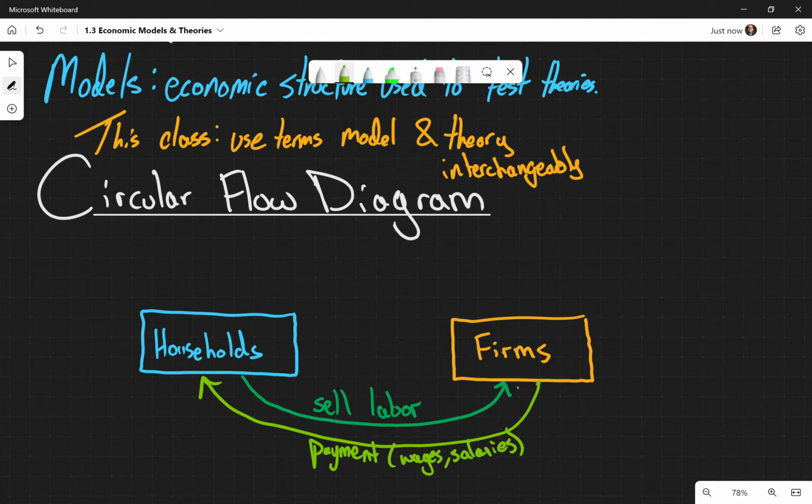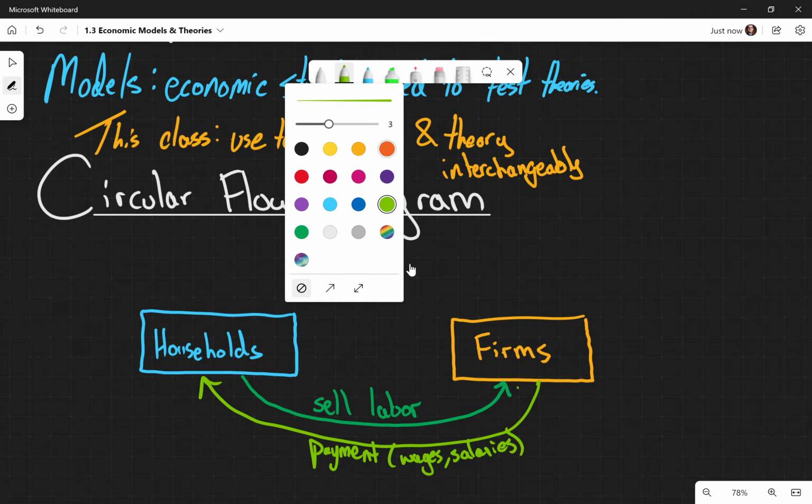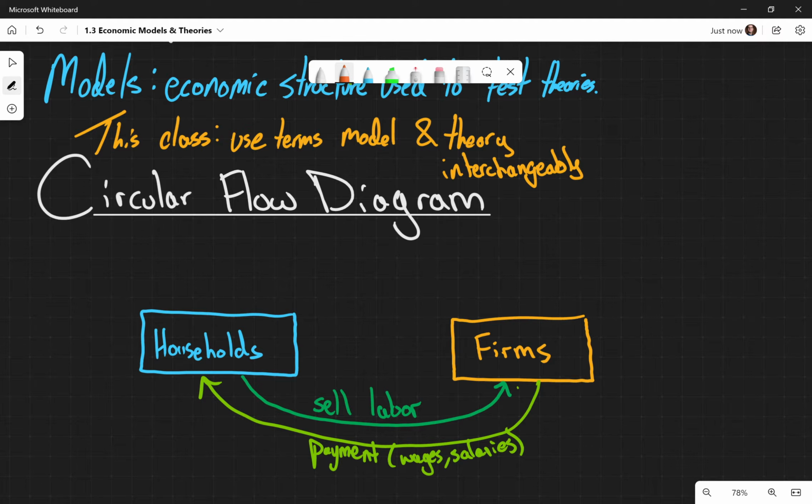What is the other way in which we interact with firms? We purchase goods and services, absolutely. So the firms deliver goods and services, which we will abbreviate as G and S for the rest of this class. And we pay for those goods and services.